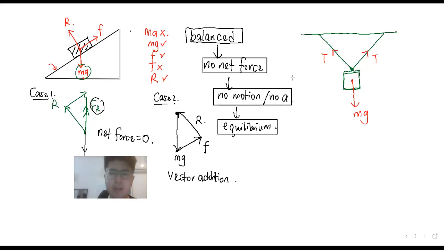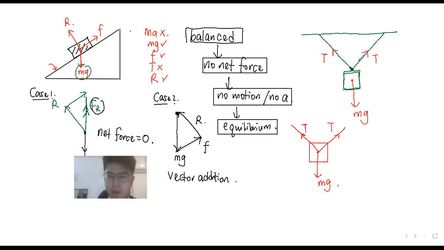If you are asked to draw the free body diagram, it means you only show the object that you're interested in studying, the block, and then you only draw the forces. So this is the tension here, this is the tension here, and this is mg. Okay, free body diagram.